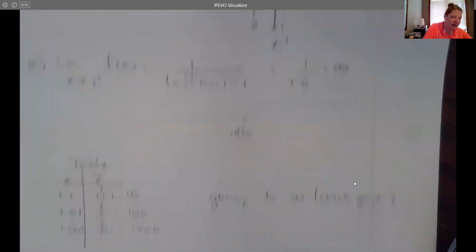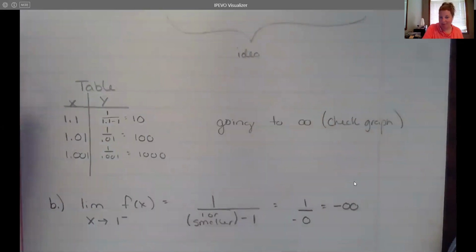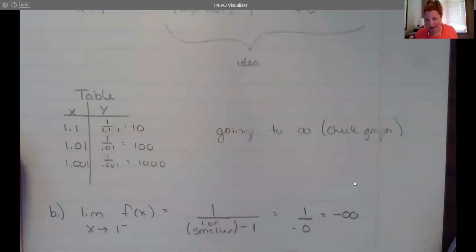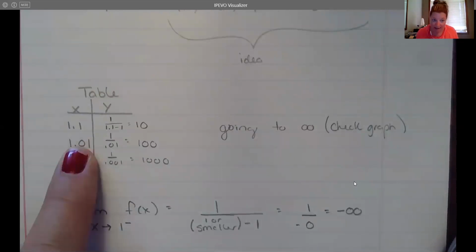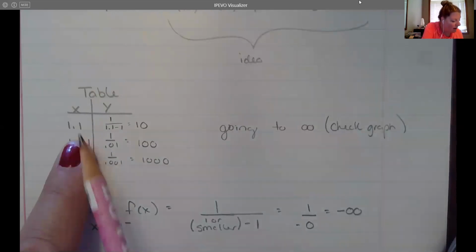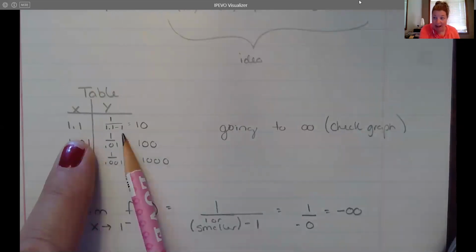So the other way is to use a table. We could check the graph as well, but that's not always that easy. So we could use a table. We're on the positive side, so we're going to use 1.1. And we'll put that 1.1 into the function of 1 over x minus 1. And this one will get a 10.